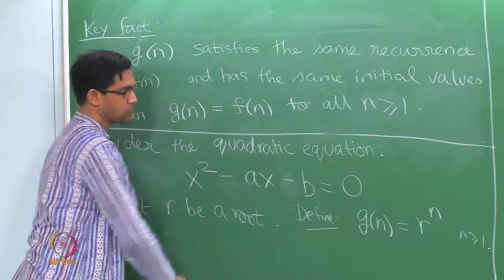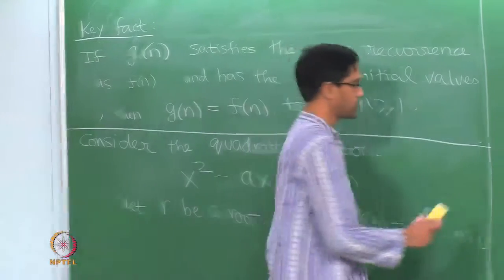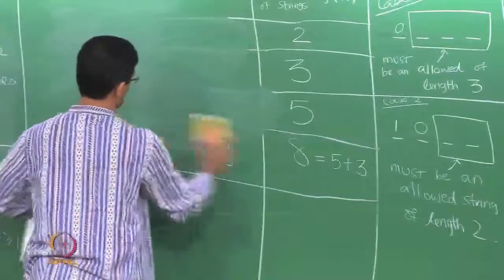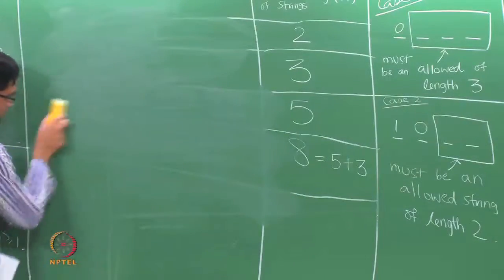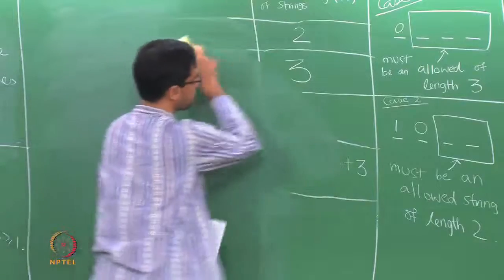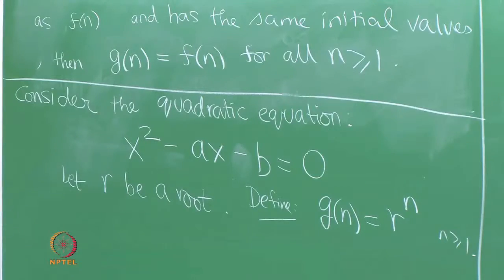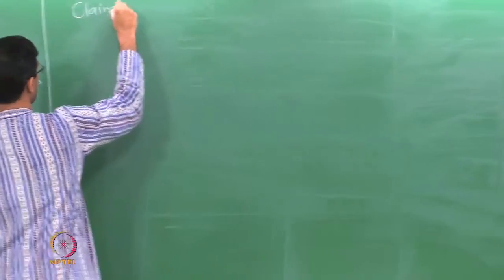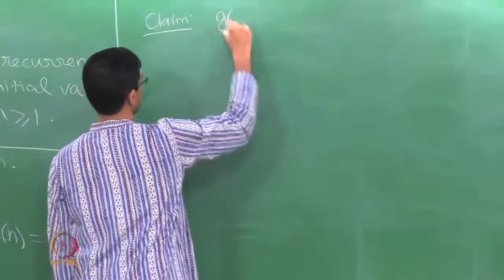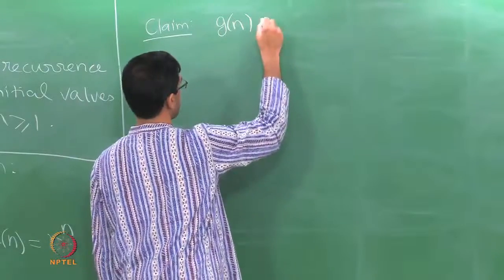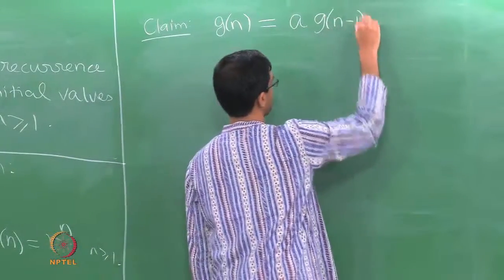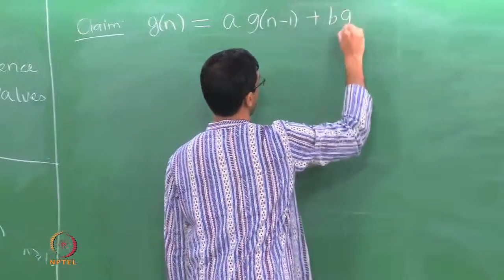So what we have done so far is to take a root of the quadratic equation and form a sequence. Now of course the sequence is in general a sequence of complex numbers, but never mind. The claim is that in fact g satisfies the recurrence of f. So g of n is exactly a times g of n minus 1 plus b times g of n minus 2.